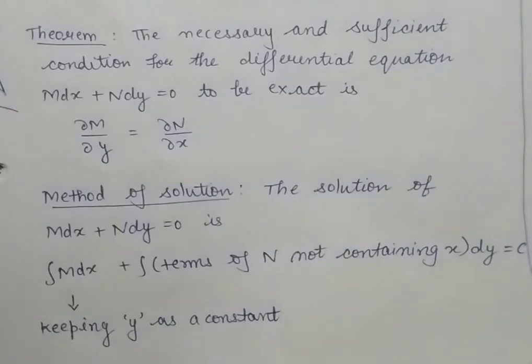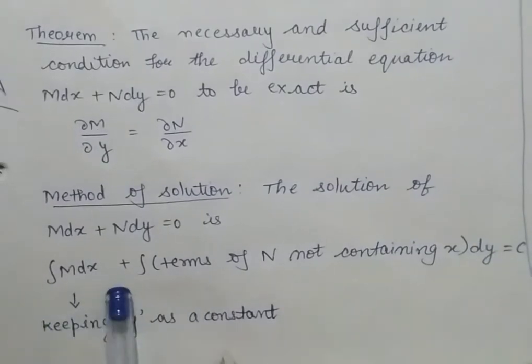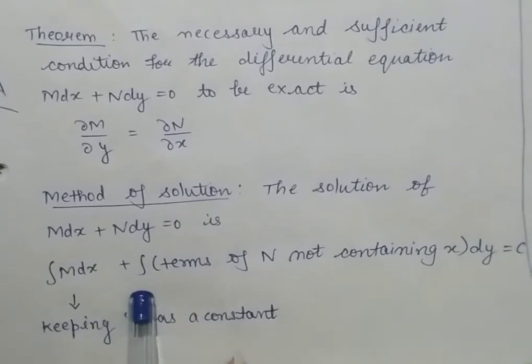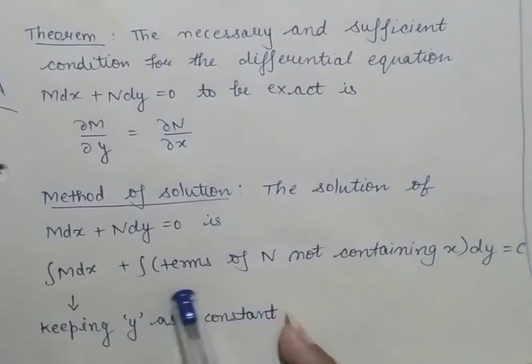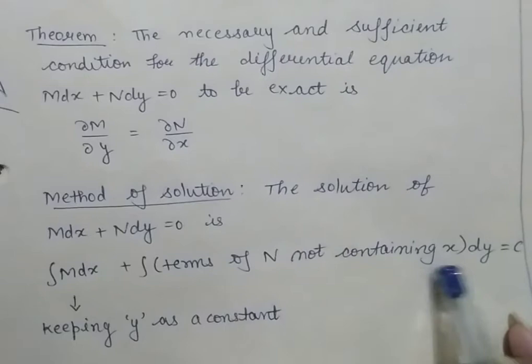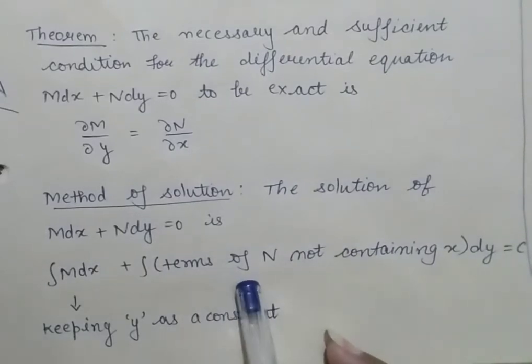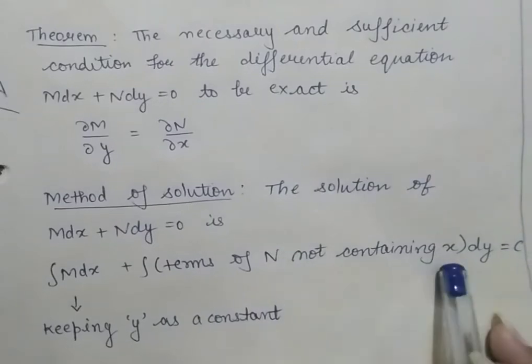Now, how can we find the solution of an exact differential equation? If the equation M dx + N dy = 0 is exact, then its solution is the integral of M dx, where M is given in the original equation and we integrate M with respect to x, plus the integral, now with respect to y, of the terms of N not containing x.